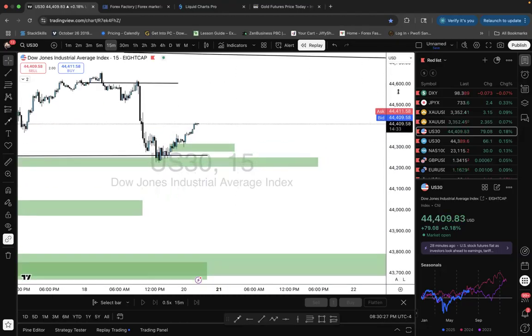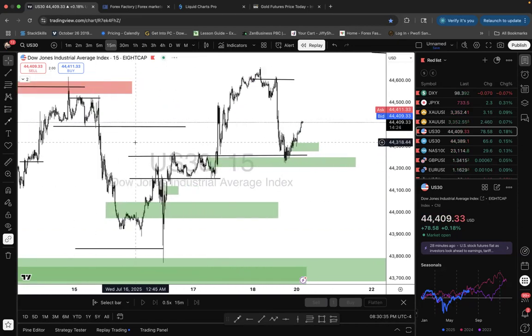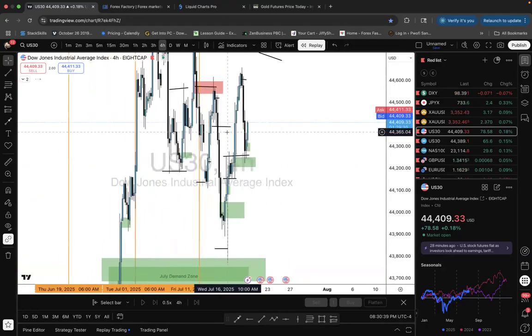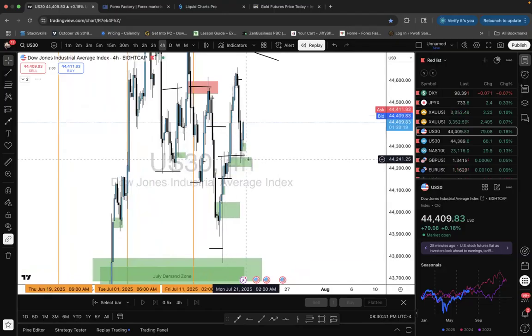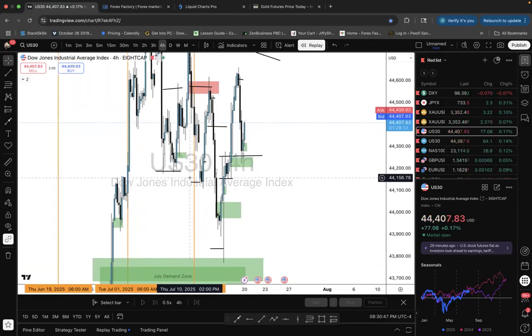But ideally, if there's a retracement, it'd be a lot more convenient for entries for buys. Do I think price is gonna sell off? Nah, I think we only make these decisions if they break below the 4-hour structure lows. If not, stick to your buys.